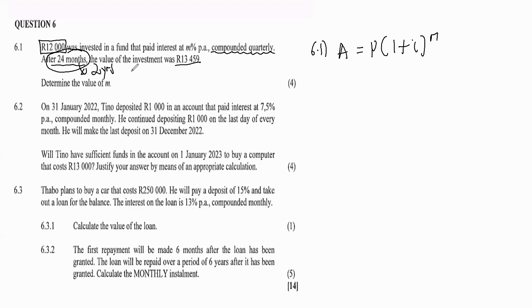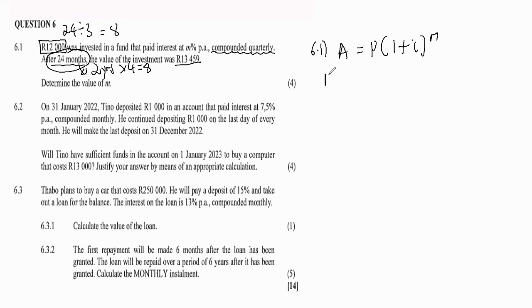So 1 year has 4 terms, 2 years has a total of 8 terms. So 2 times 4, that's 8 quarters, which is the same as 24 divided by 3, because a quarter is 3 months, and then you'd still have your 8 quarters.